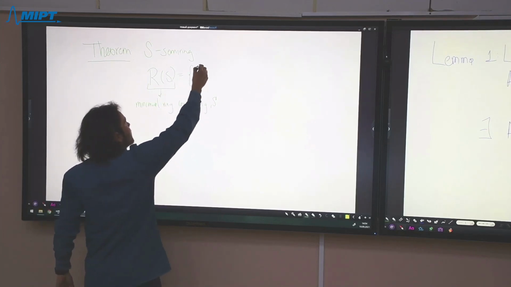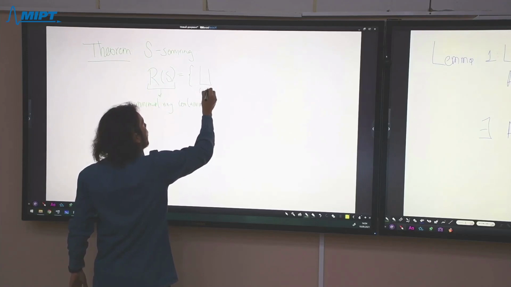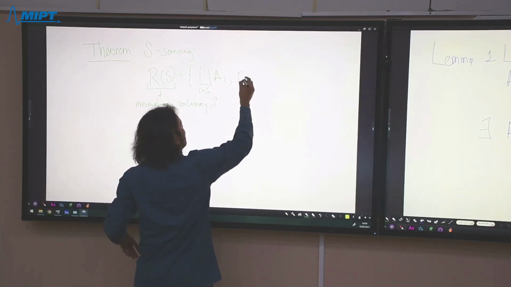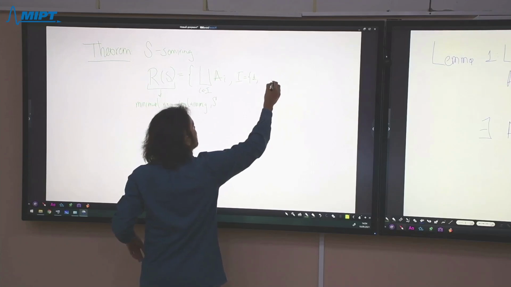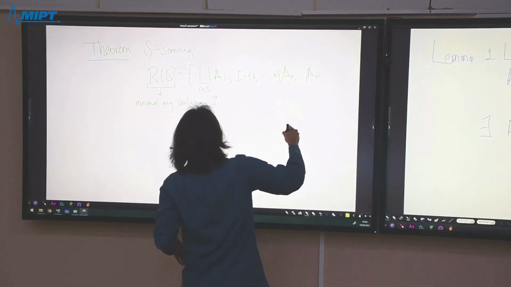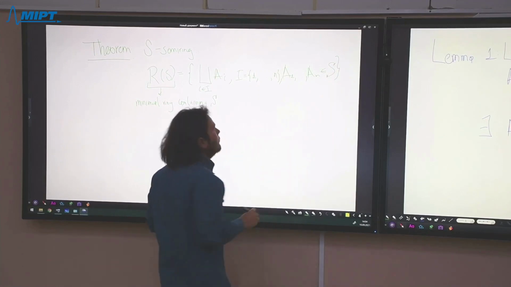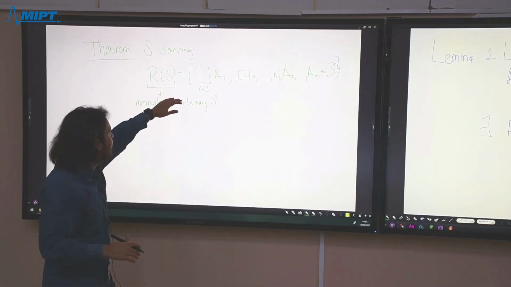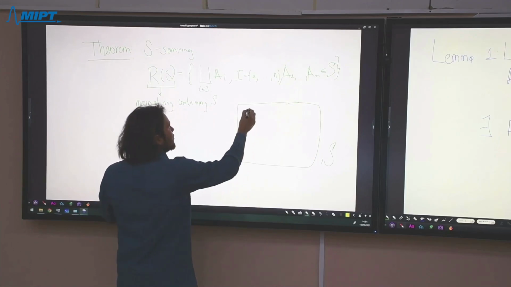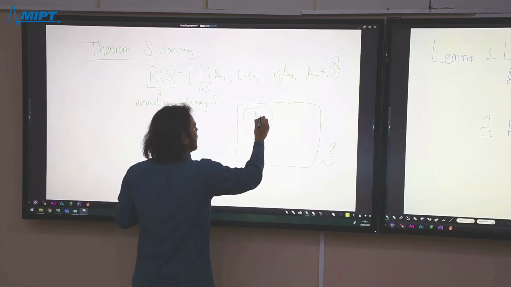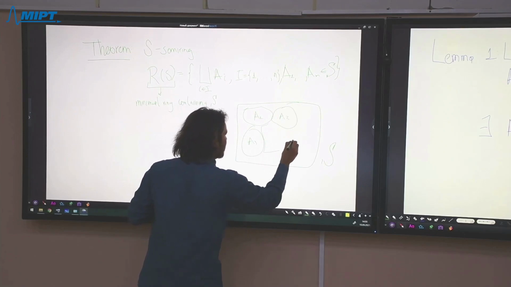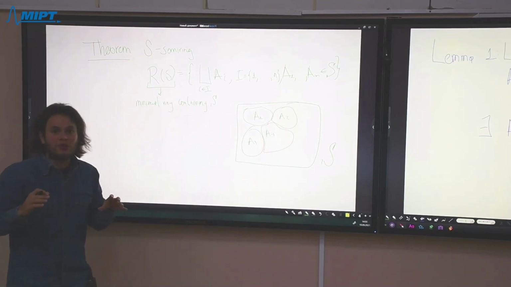This is the disjunctive union of all the elements of S, where A sub 1 up to A sub m are all the possible elements of S. So we have a semi-ring S, and in here we have these sets, A sub 1, A sub 2, A sub 3, and so on. They can intersect.